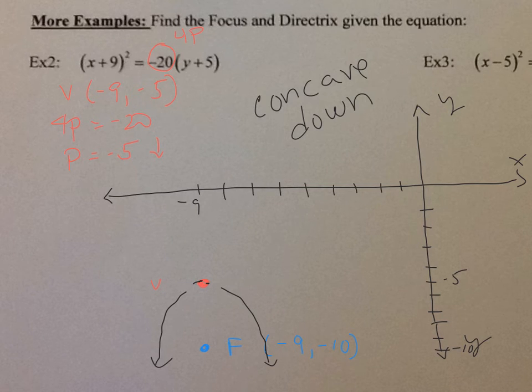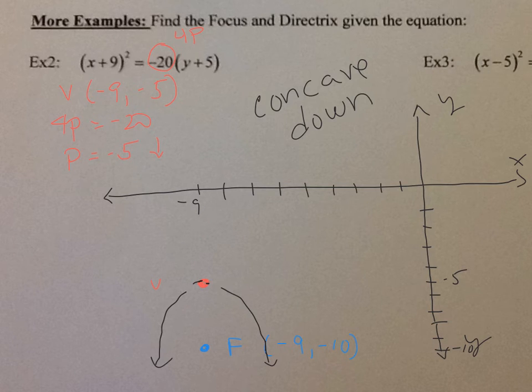All right. Okay, so now we need to find the directrix. So remember that the vertex is in between the focus and the directrix. So if the focus is down here below the vertex, that means my directrix has to be up here. And if the vertex is right in the middle and the distance from here to here is 5, then the distance from my vertex to my directrix also has to be 5. But in this case, it has to go up 5.